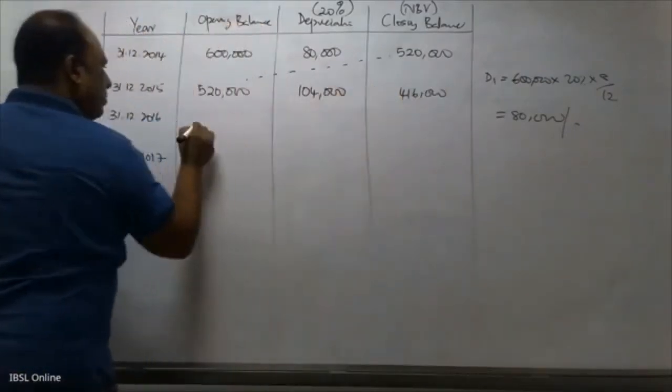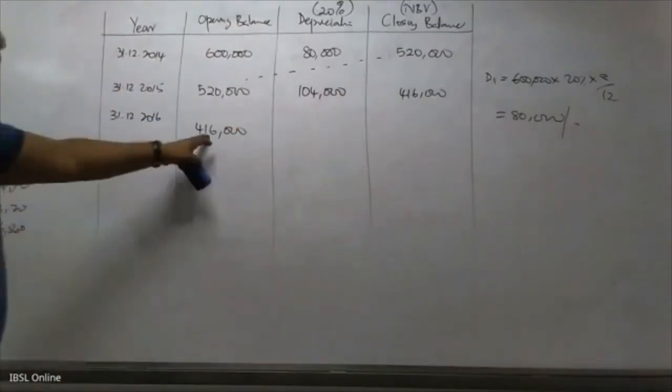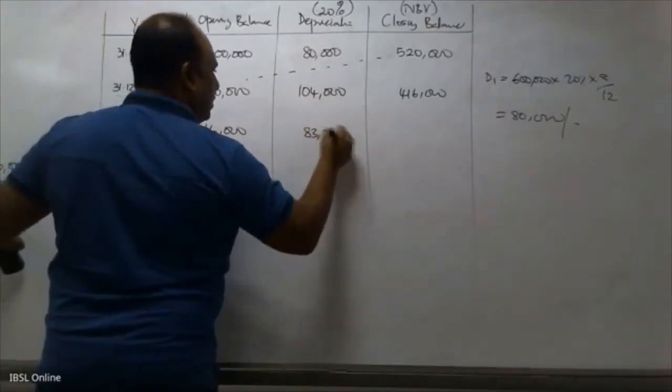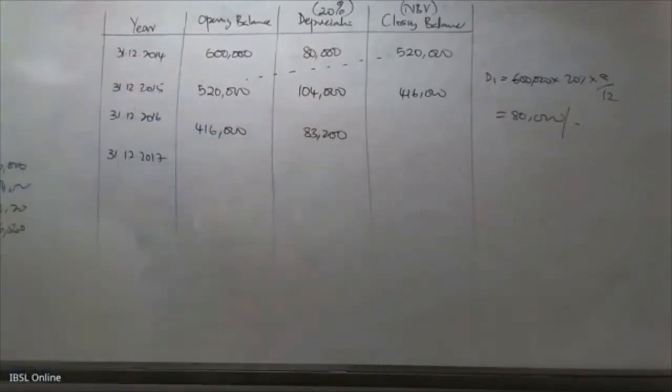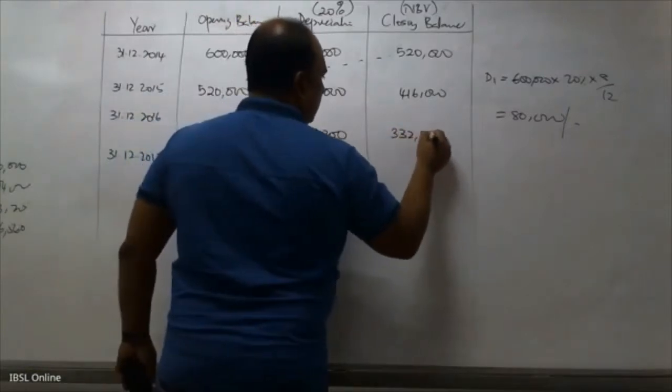Then the 416 comes here. You calculate 20% on this. 83,200. How much is that? 332,800.